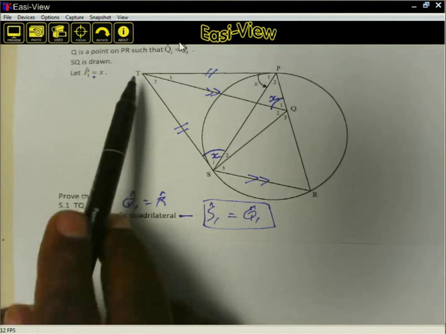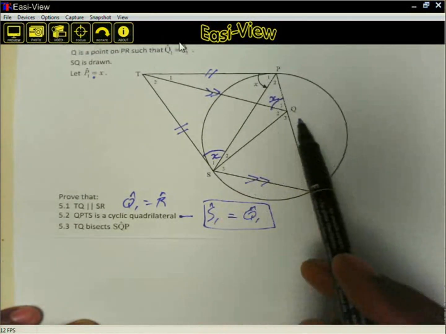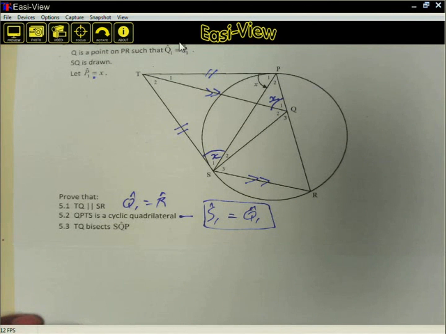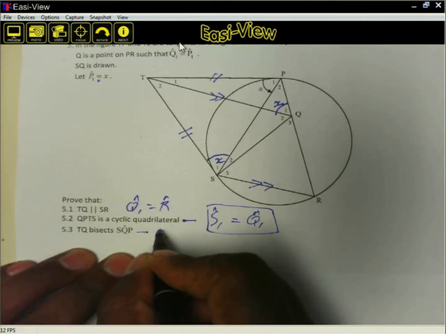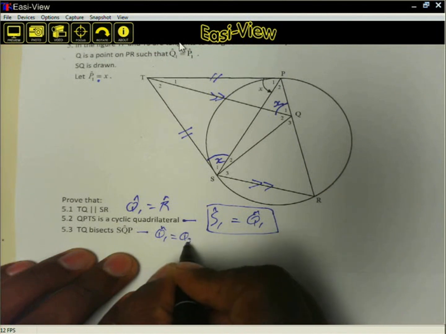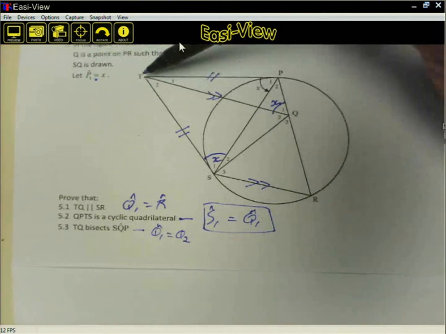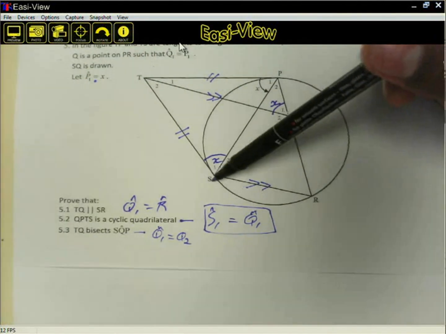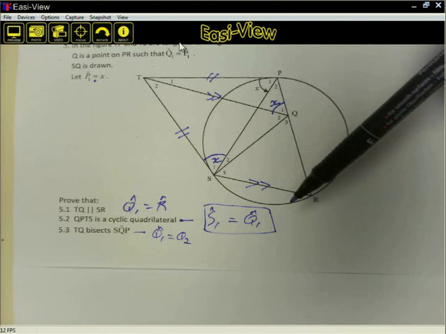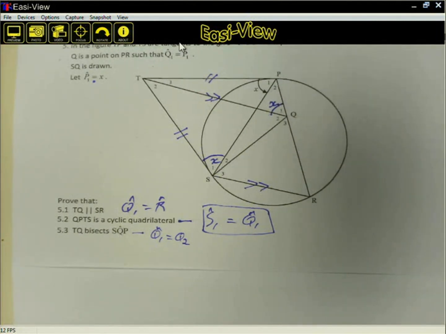Check, here is TQ, here is angle SQP, this angle. If we want to simplify this further, all we have to do is prove that angle Q1 is equal to angle Q2. So if TQ bisects angle SQP, it means Q1 will be equal to angle Q2. That is what we want to prove now.